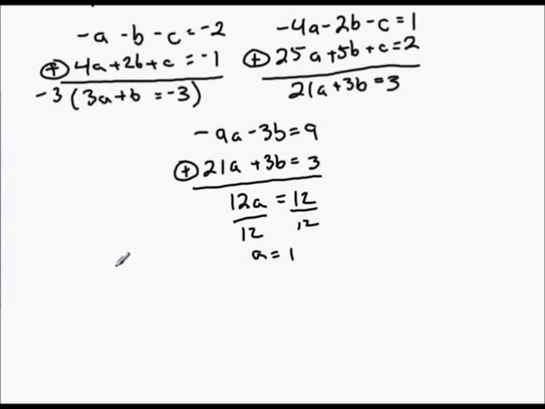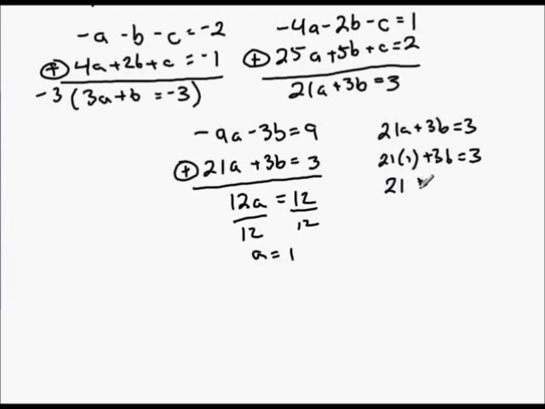Now that I have a, let's go ahead and find b. So if I were to take 21a plus 3b equals 3, and now substitute 1 in for a, so I have 21 times 1 plus 3b equals 3.